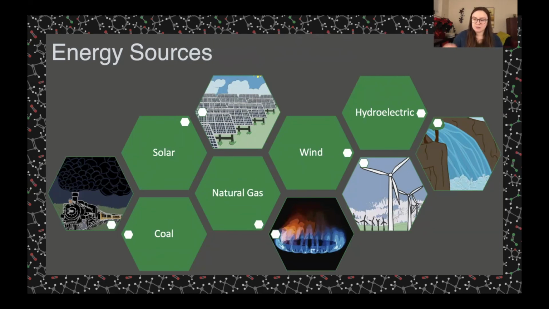Solar power, it's literally just using the sun to get things to flow. There's no turbine involved. But in all of those cases, the environmental footprint, the environmental impact can be quite different. And you really do need to consider the impact of the energy that you are using as a fledgling chemist and as just a normal citizen.